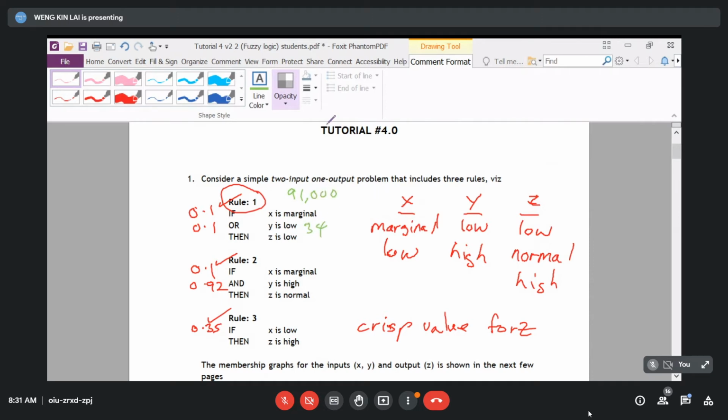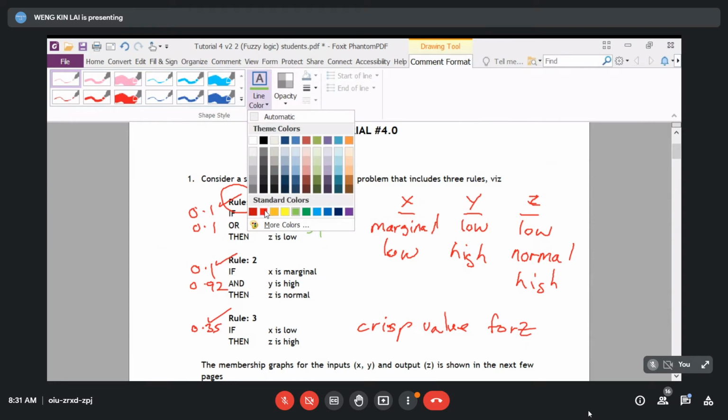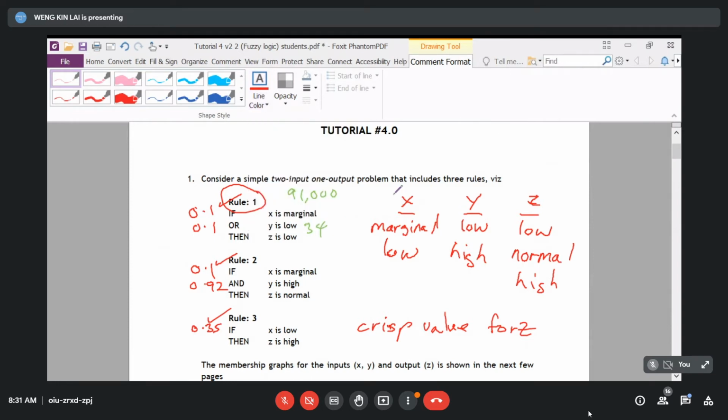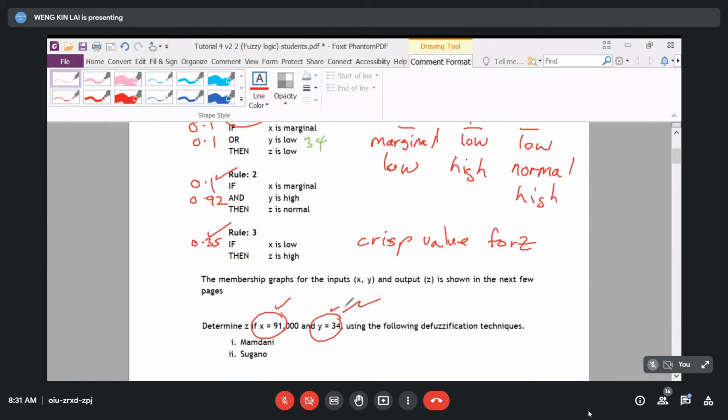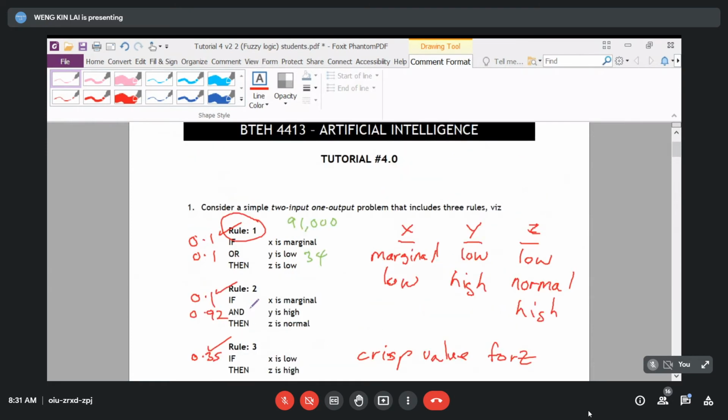So from there, we figure out the membership for X is marginal is 0.1, and the membership for Y low is 0.1 also, based on the actual values down here, 34 and 91,000. So you have these two.